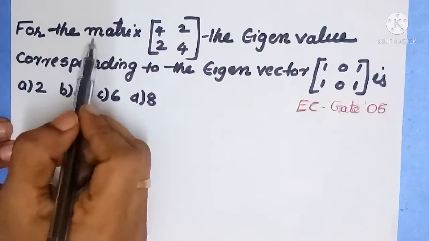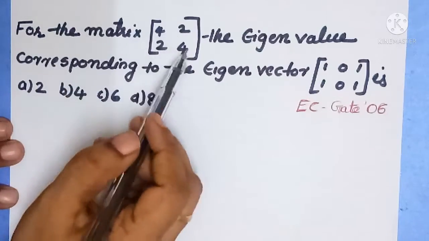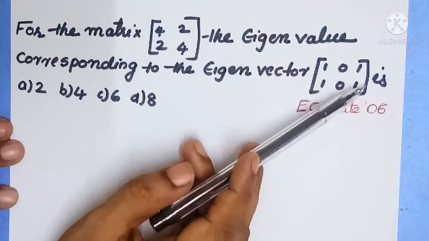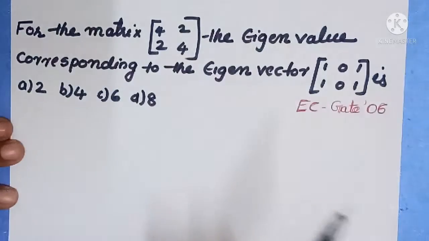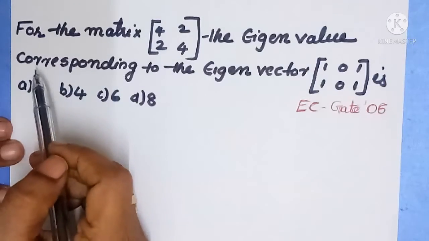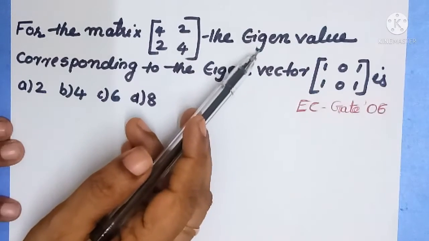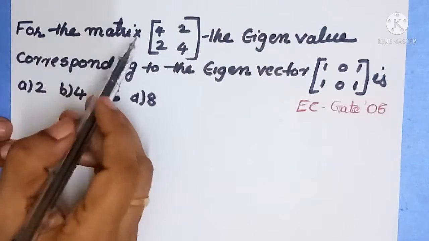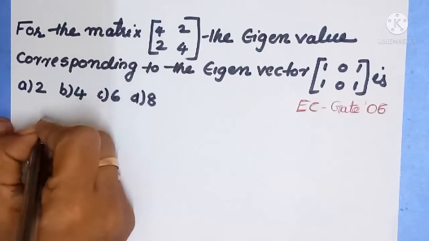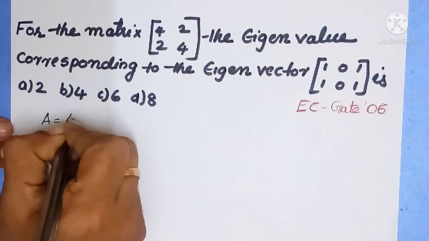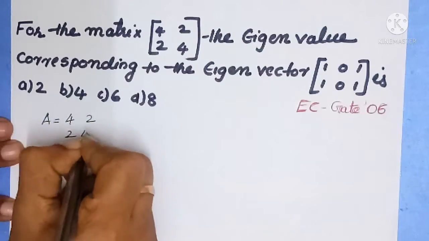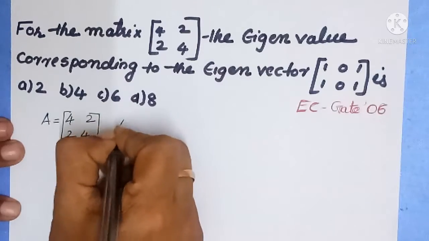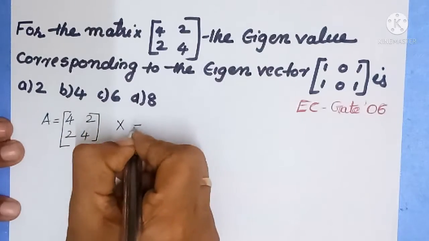Next question. For the matrix 4, 2, 2, 4, the eigenvalue corresponding to the eigenvector 1, 0, 1, is. Here we need to find the eigenvalue. The data are given. One matrix we can denote A. A is equal to 4, 2, 2, 4. Eigenvector is also given, so we can write X, indicating the eigenvector.